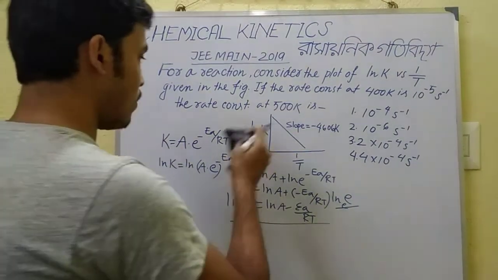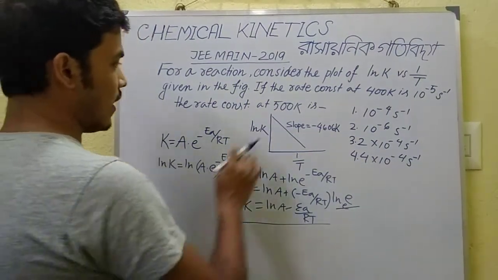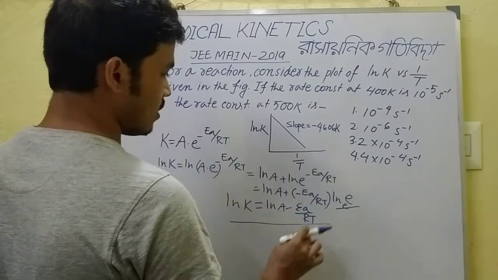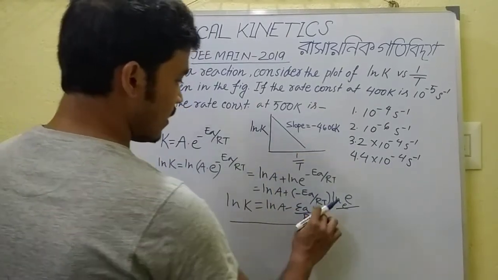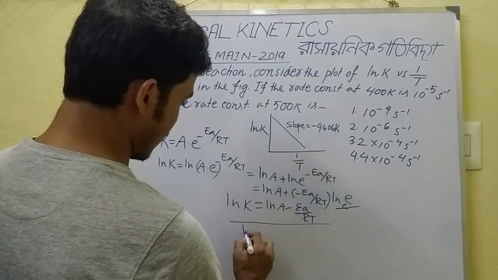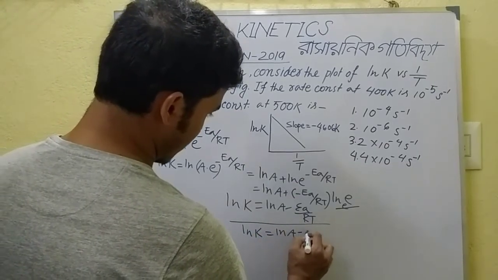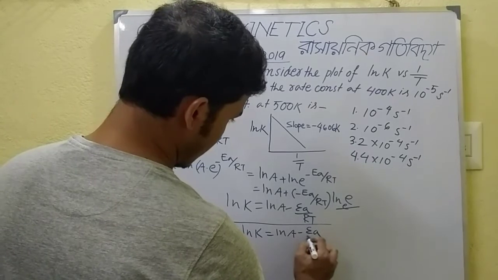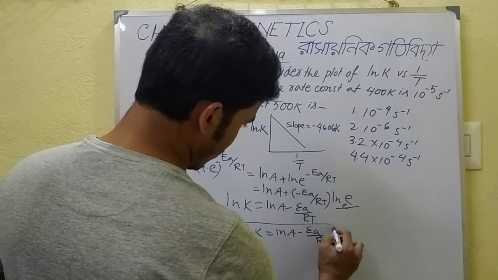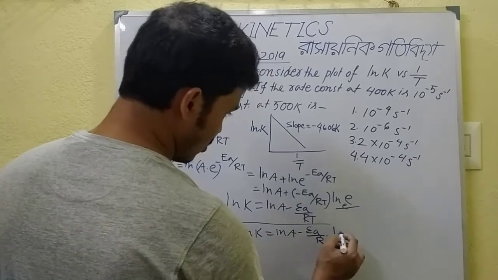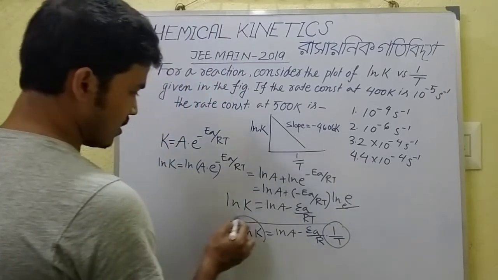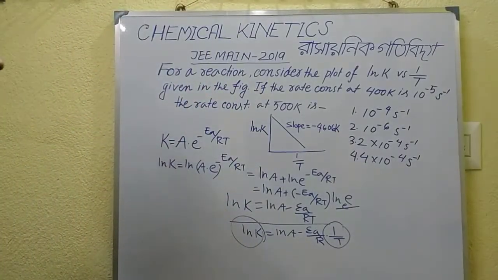Now we have plotted ln K versus 1 by T, so I separate the 1 by T term. ln K is equal to ln A minus EA by R into 1 by T. So 1 by T versus ln K is plotted here.